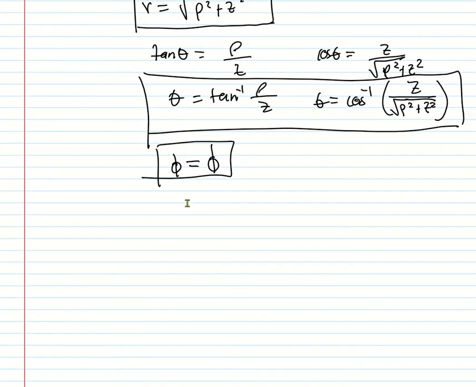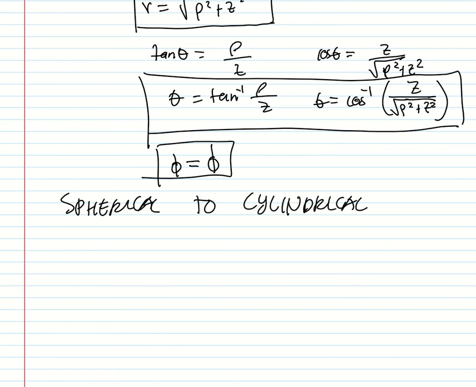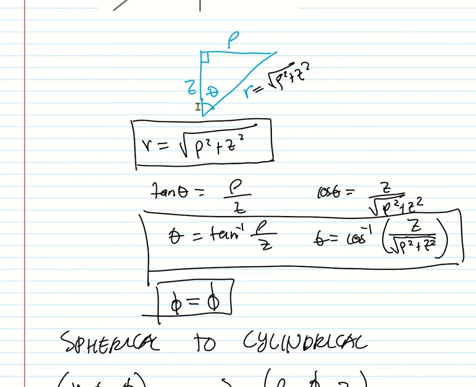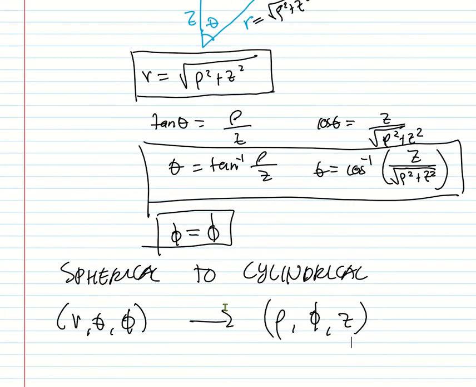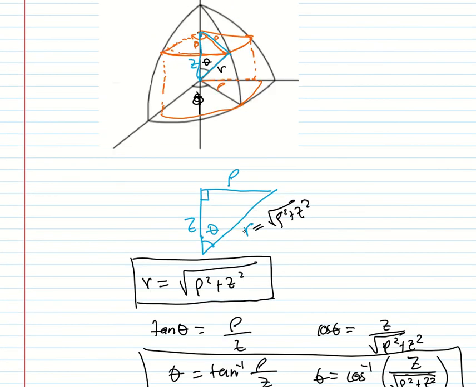If we do the vice versa, from spherical to cylindrical system, we're given r, theta, and phi, and we want to solve for rho, phi, and z. So using this drawing again, this triangle here, we can relate the two coordinates, z and theta. Now, r and theta are given.